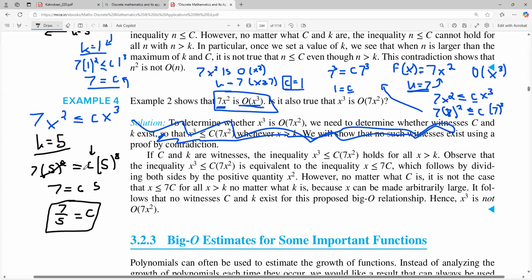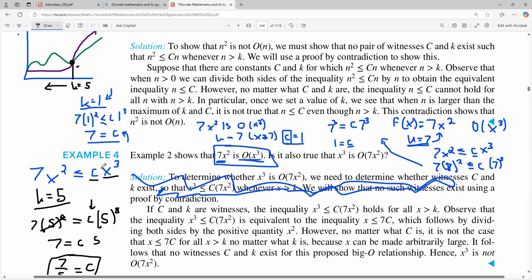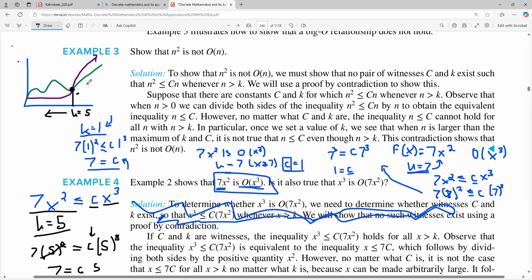We see that for c equals 7 over 5 times x cubed, this will always be greater than or equal to 7x squared from 5, right? So this purple function is 7 over 5 x cubed, and this green function is 7x squared. So it's always going to be greater than 7x squared.